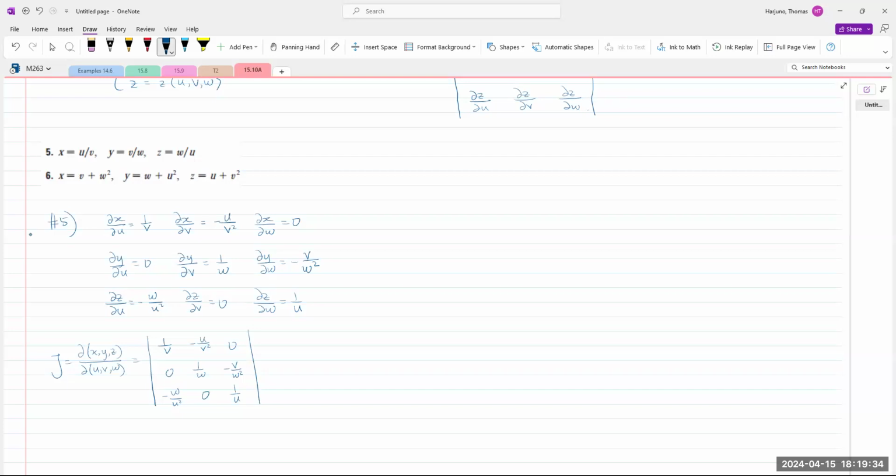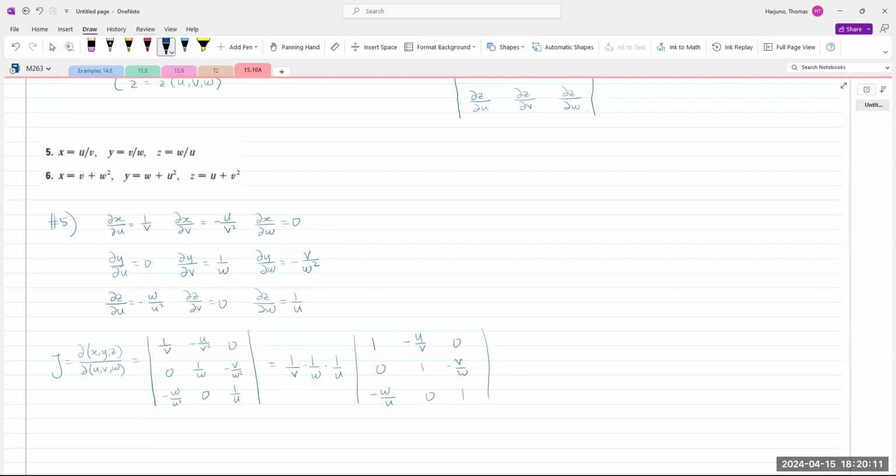Notice that for each row we have a common factor: 1 over phi for the first row, 1 over w for the second row, and 1 over u for the last row. So I can pull that out. I get 1 over phi times 1 over w times 1 over u, times the determinant of 1, negative u over phi, 0; 0, 1, negative phi over w; and negative w over u, 0, 1.